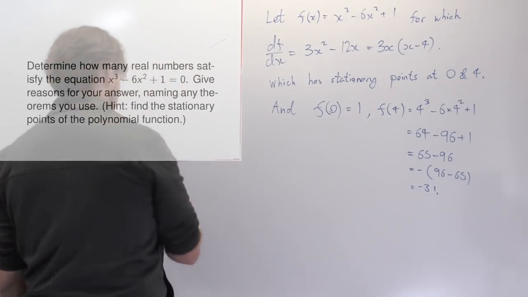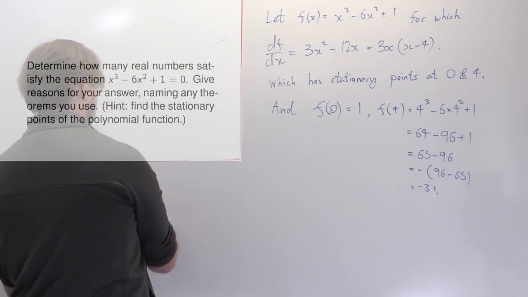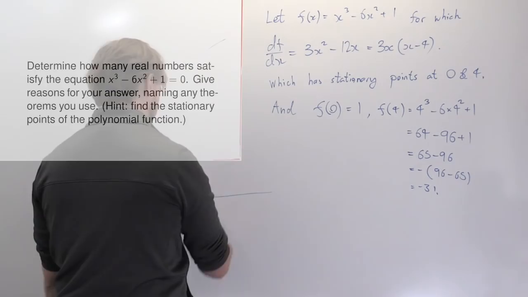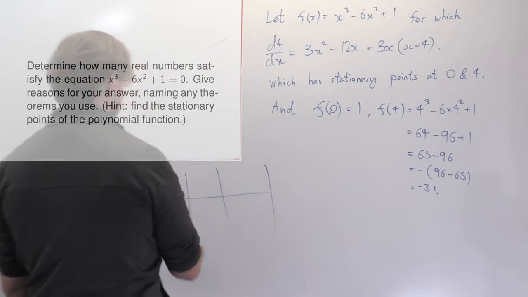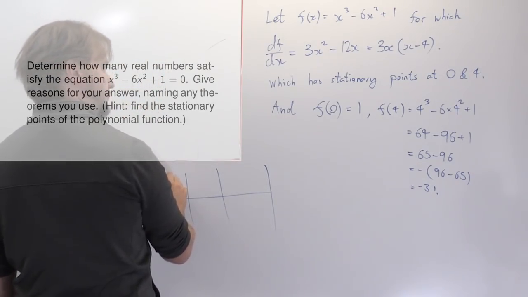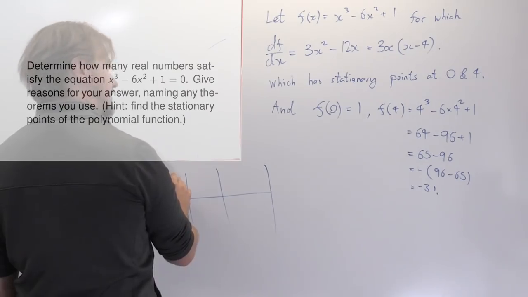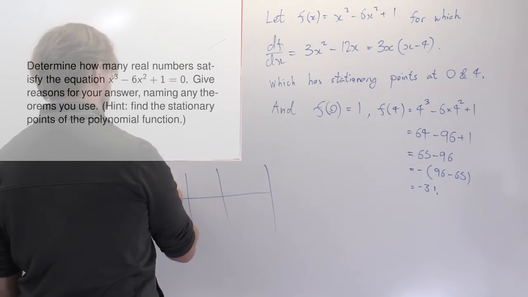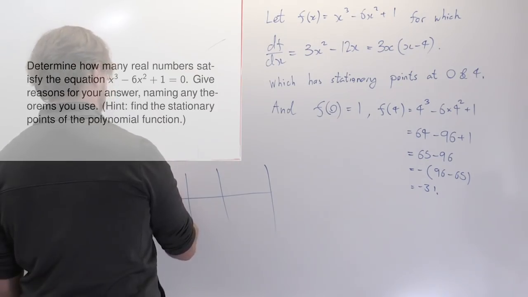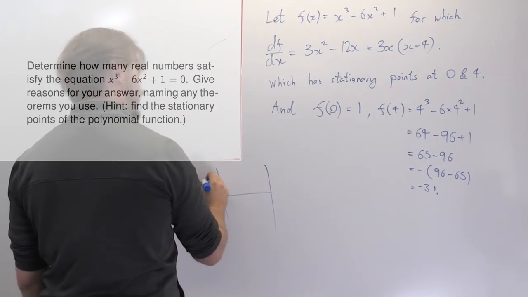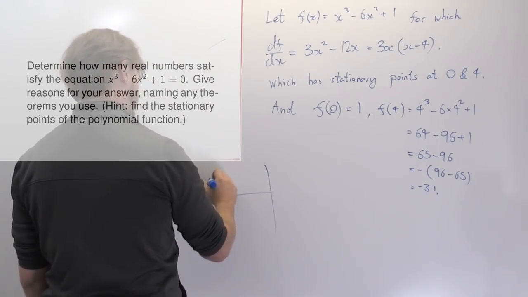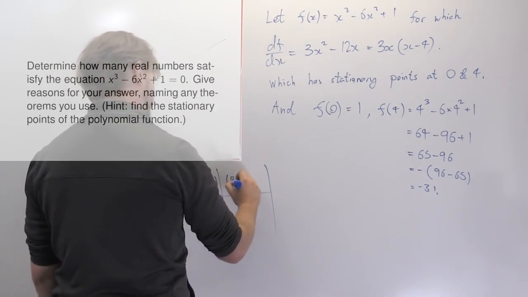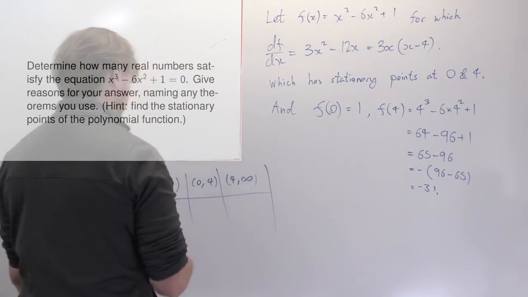I'm going to make a small table just to make sure I understand what's going on. Going from minus infinity up to 0, 0 to 4, and from 4 to infinity.